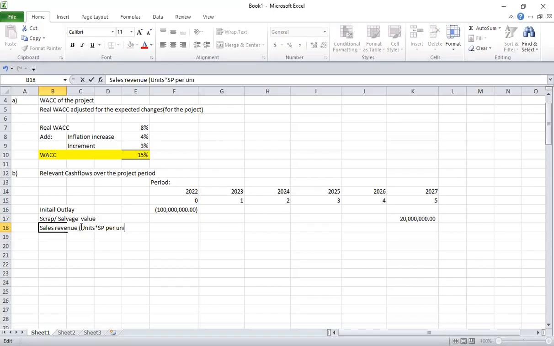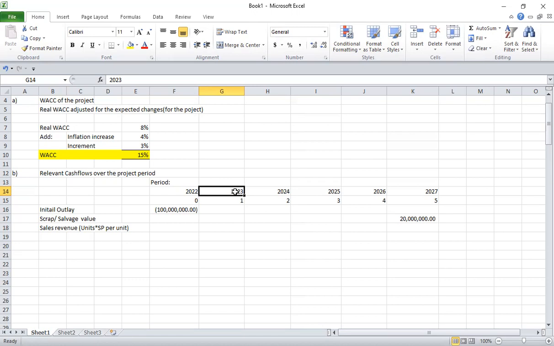In this case, we know the selling price for the first year, 2023. When you look at note number 3, we are told that the selling price per unit for the first year is 5,000 shillings. To then get the total sales revenue for this product, we will take that selling price and multiply by the number of units.